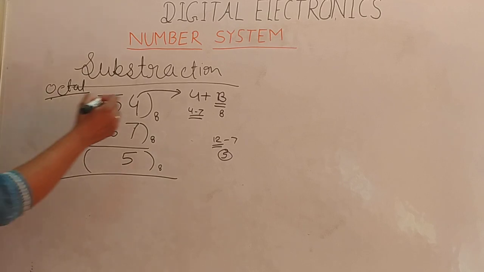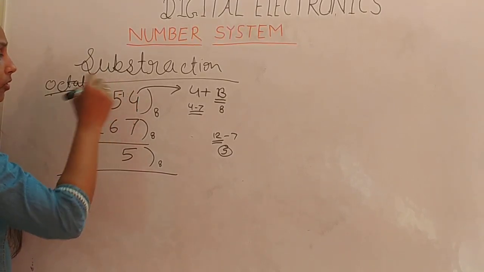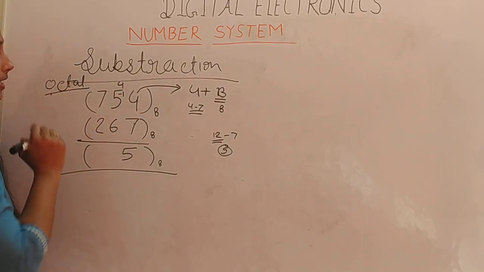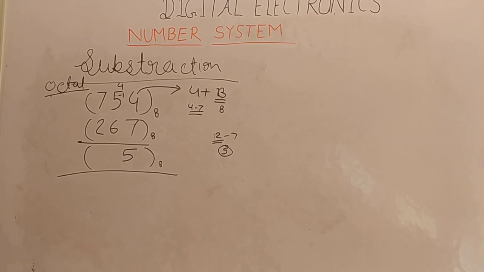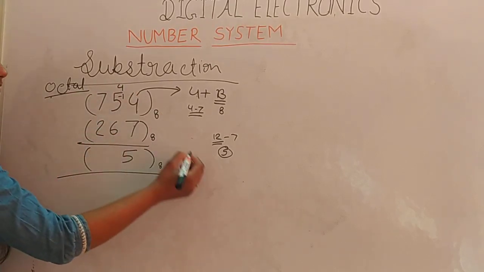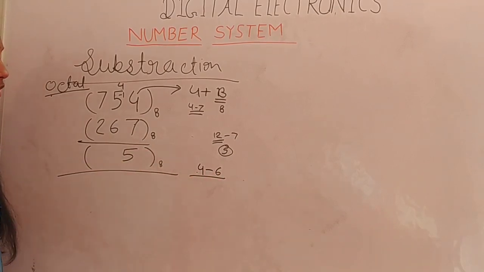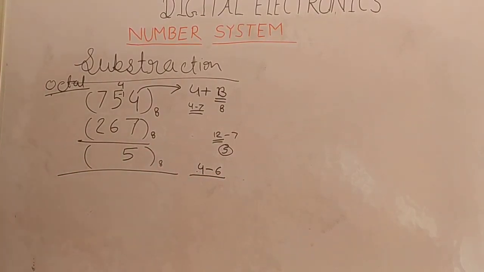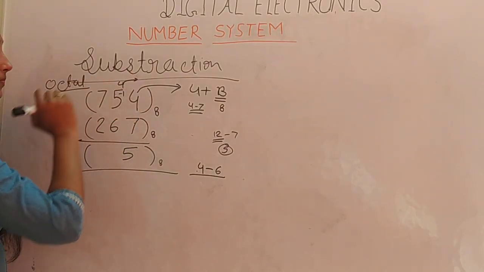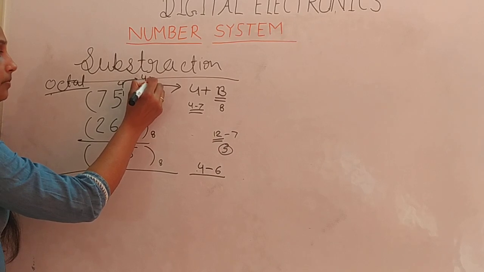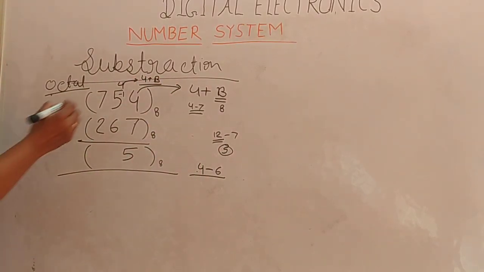Since we assumed that, we have to subtract one borrow from the next number. So 5 minus 1 is 4. But again we want to subtract 6 from 4. It is a smaller number, so we can't subtract. So again we will assume 4 plus base, 4 plus 8 will be 12.